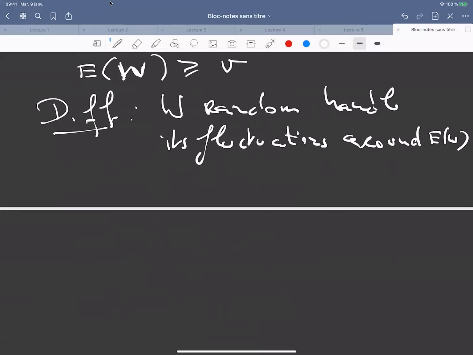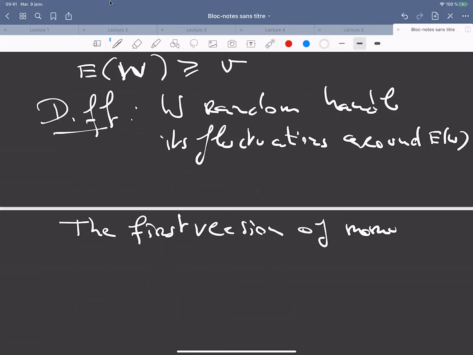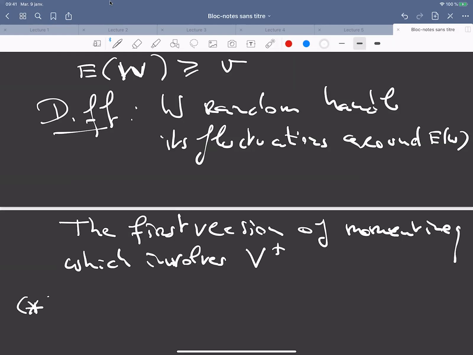So you start with the first version of the moment inequality, which involves V plus. I call it star again.